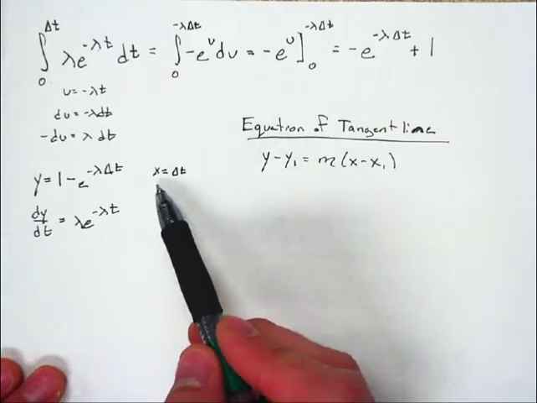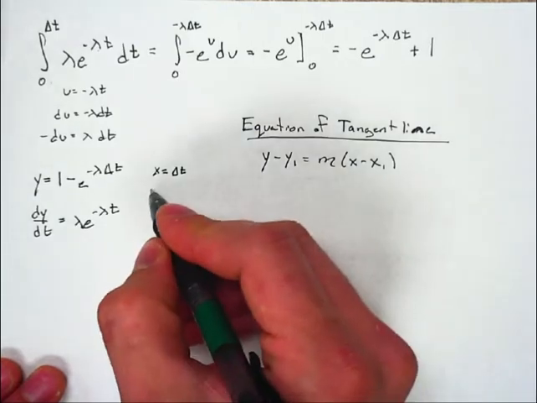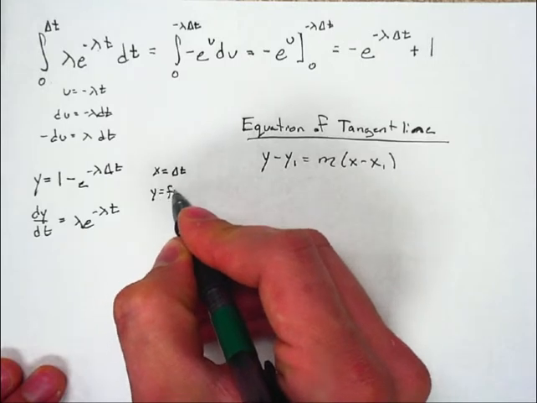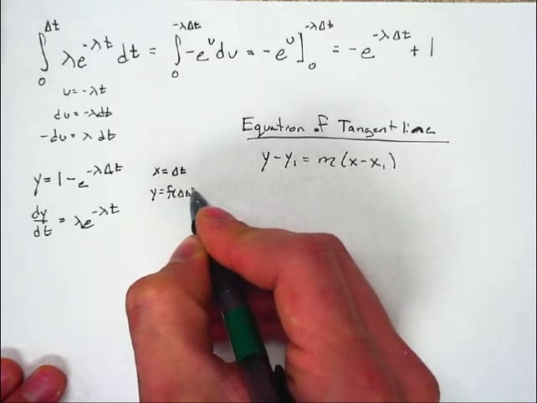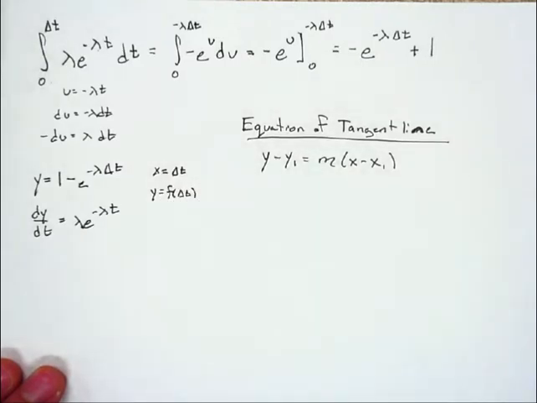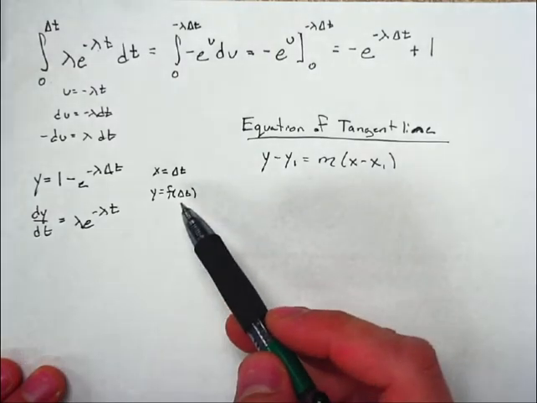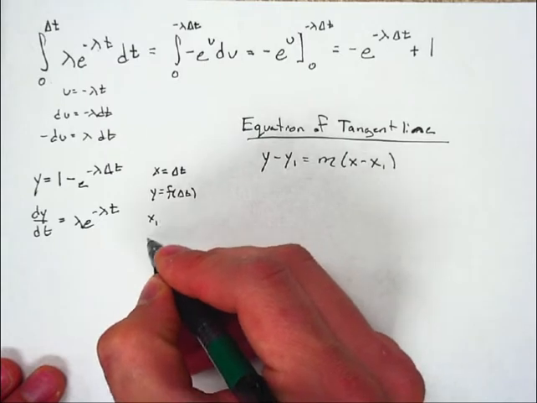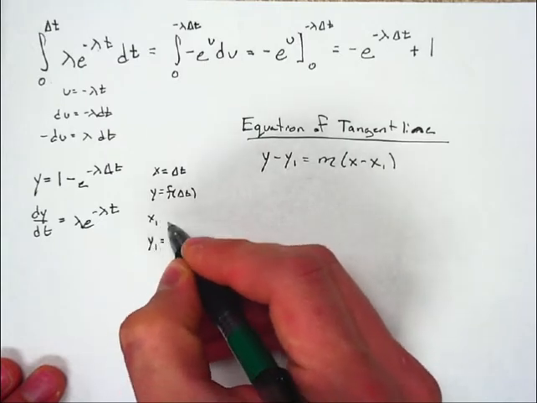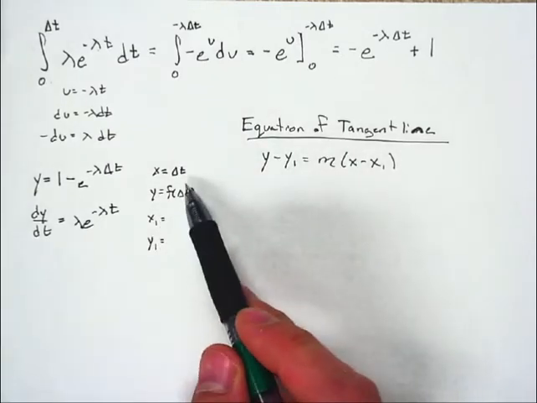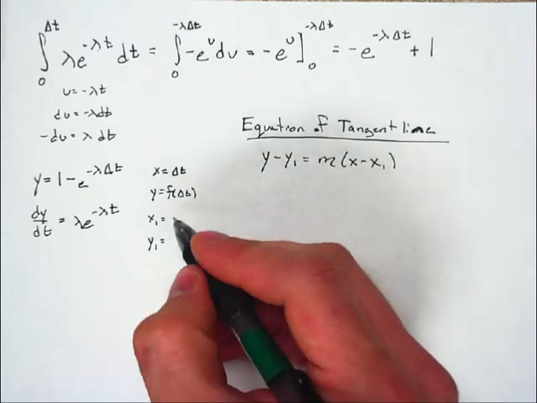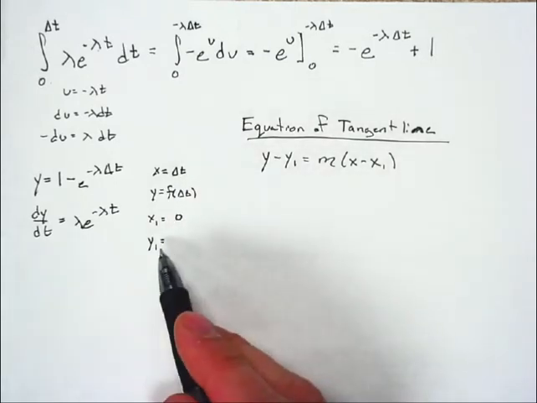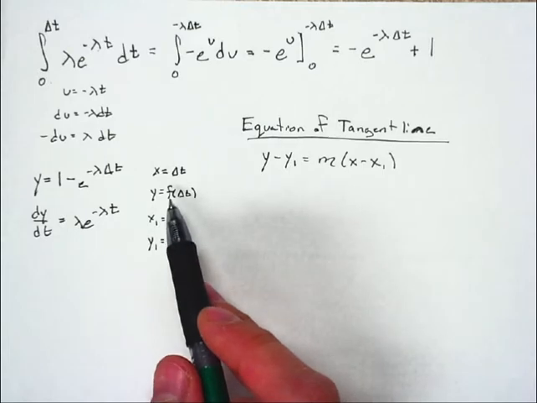So x is going to be delta t, and y would be just whatever f of delta t is. Now you need to know what x1 and y1 are. x1 is what happens as delta t goes towards 0, so that's just 0. y1 is what you get as an output of 0.